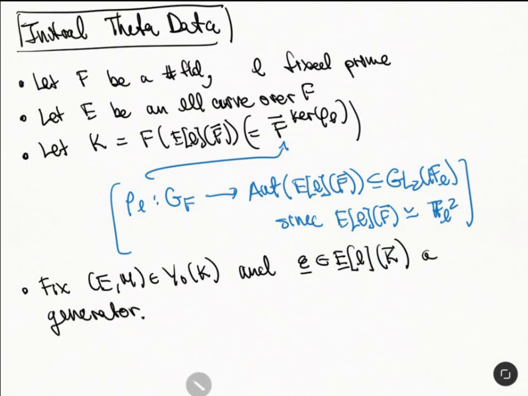Okay, so we're going to fix these things. So we have F, E, L, this M, and this epsilon. Okay. So let's give the definition.